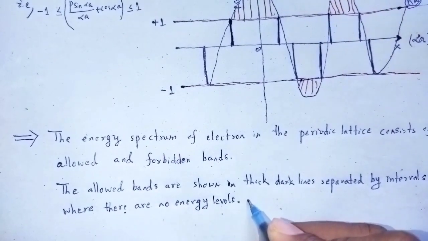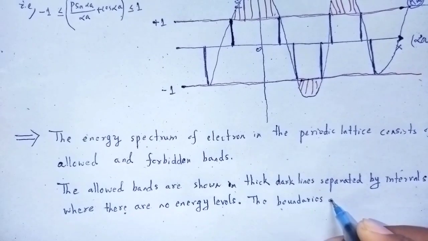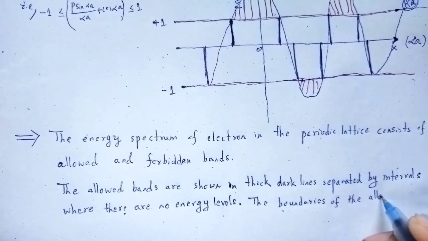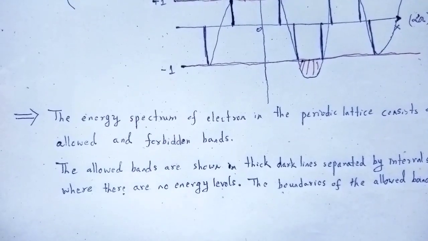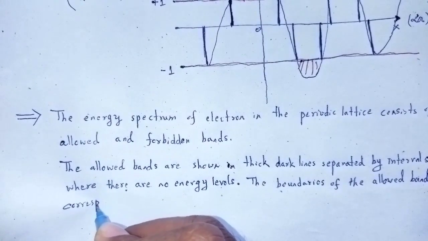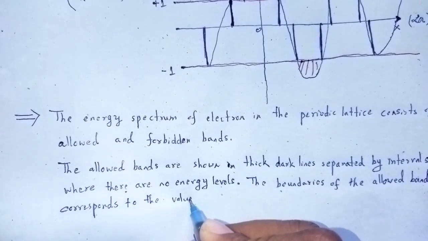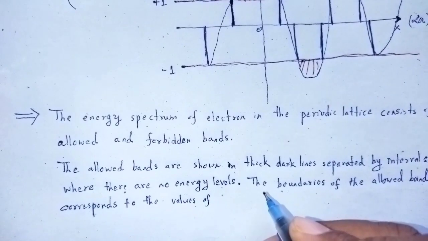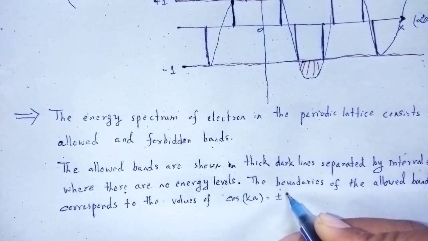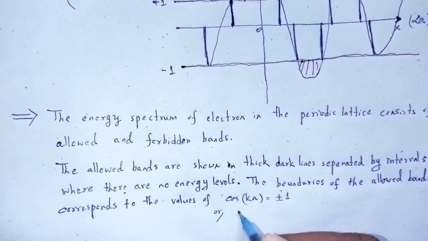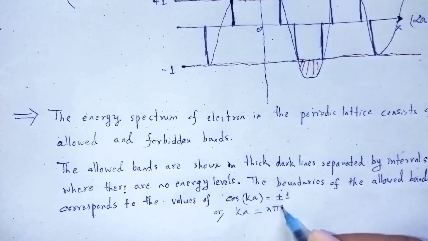The boundaries of the allowed bands correspond to the values of cos Ka equal to plus or minus 1, or Ka, its general solution, is n pi.